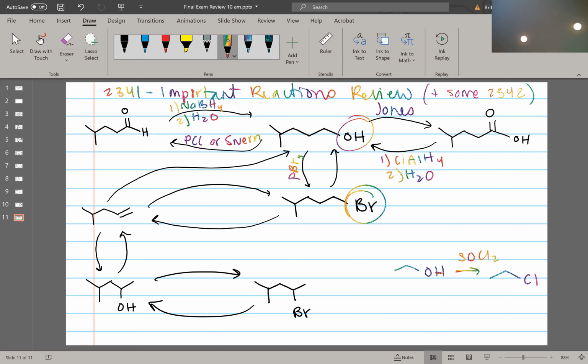Okay. And then halide to hydroxide or hydroxyl group, how would I do that? It wouldn't be a super great reaction. You'd have a lot of side products, but what could we do?